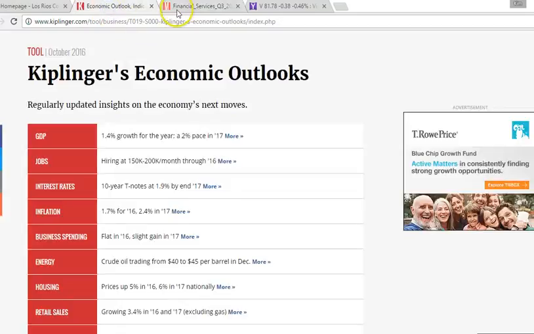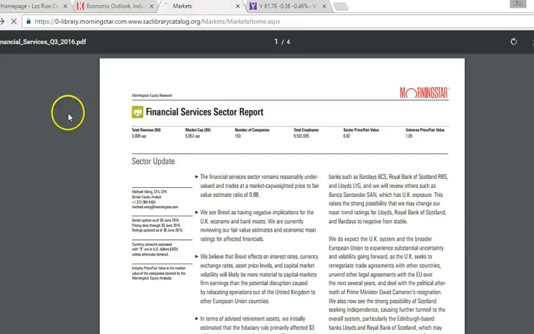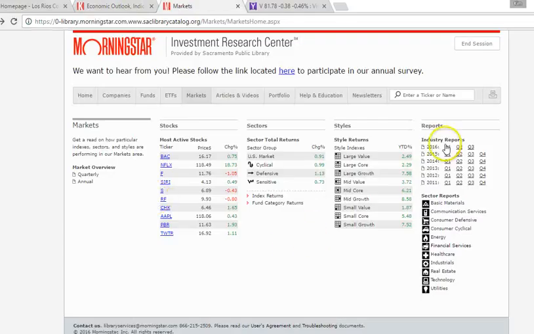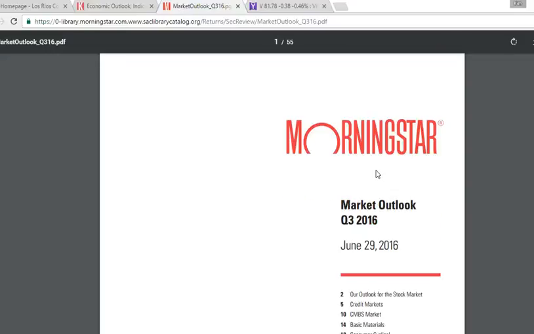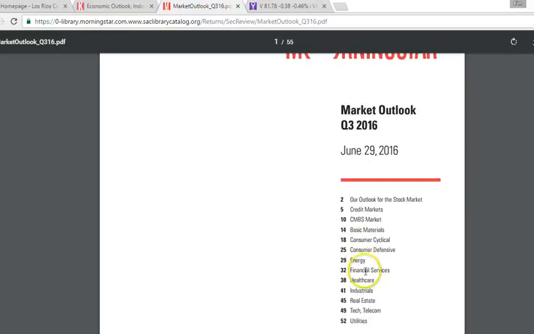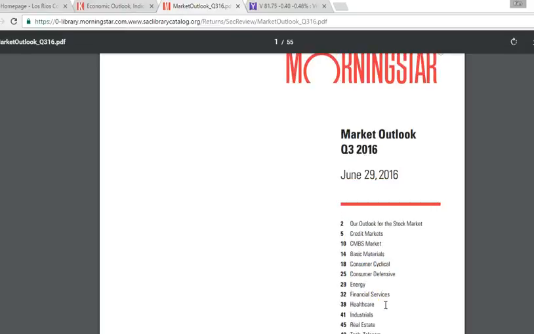In addition to that, if I go back to that page, there are specific industry reports. So we're going to go look at the latest industry reports, Q3. So here's the market outlook. And again, there's several bits of information on all different industries and sectors.